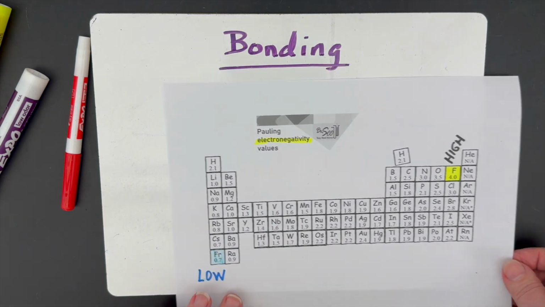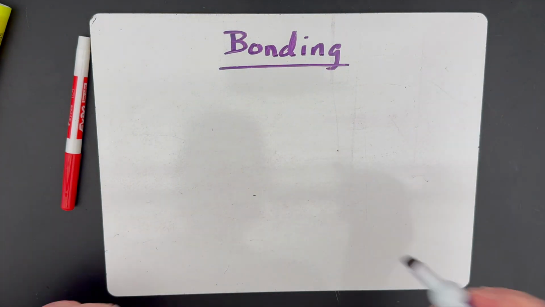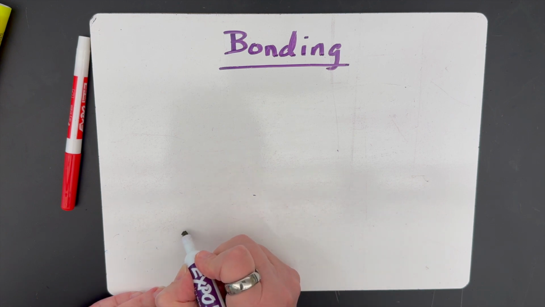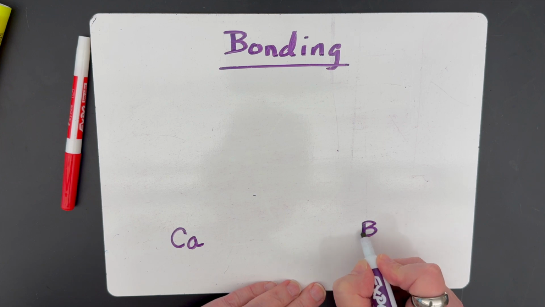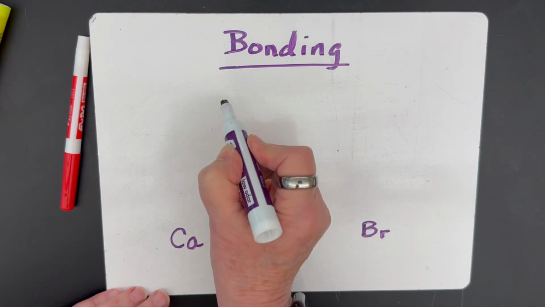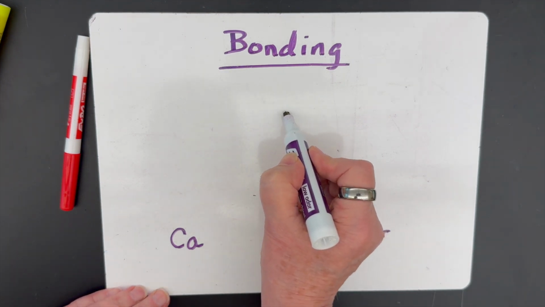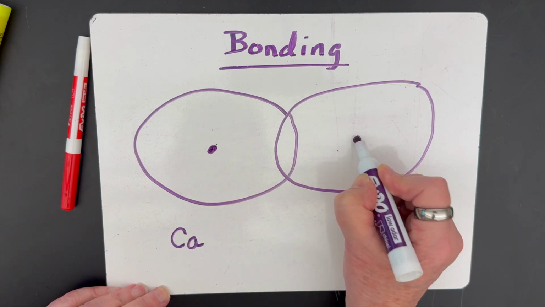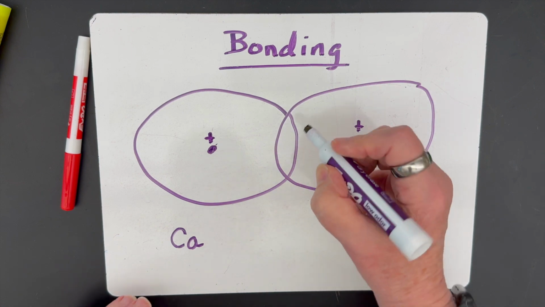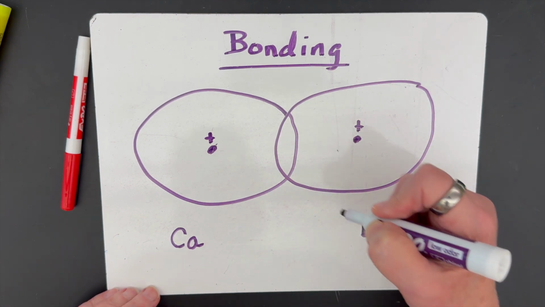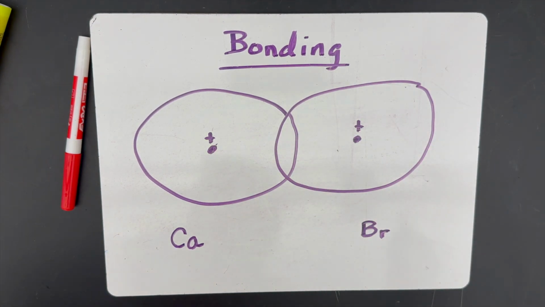it kind of steals the electron from the calcium. So if we look at our picture again, if we have calcium on this side and bromine on this side, what happens is, here's our nuclei with their positive charges, and calcium's putting an electron into this bond and bromine's putting an electron into this bond.